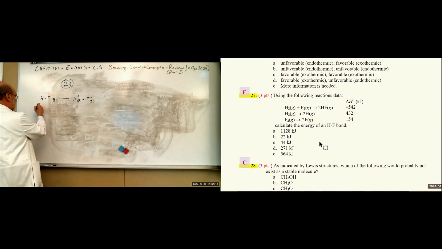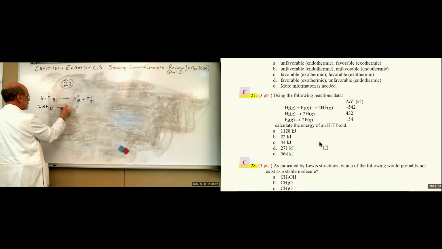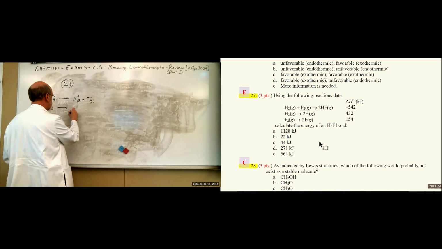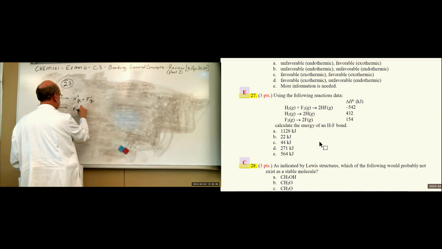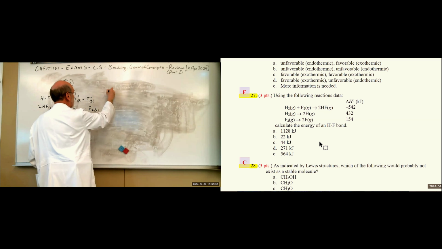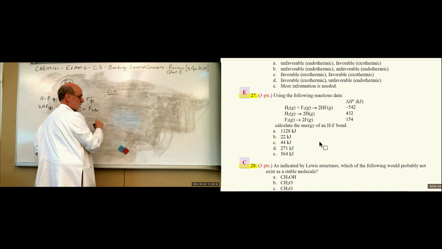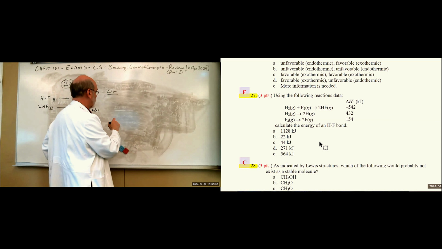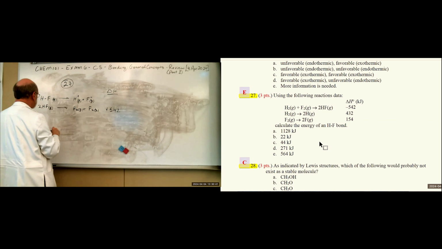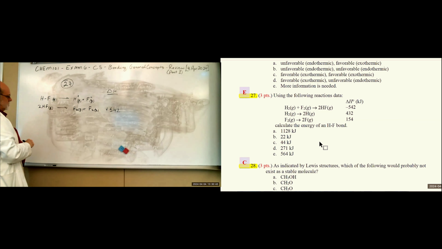We've got 2 HF gas yields H2 gas plus F2 gas. And now the delta H for this one is going to be a positive 542 because we flipped it. But we only need one of these. So we have to go 1/2.